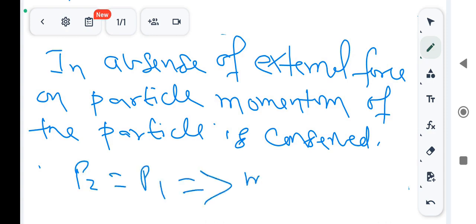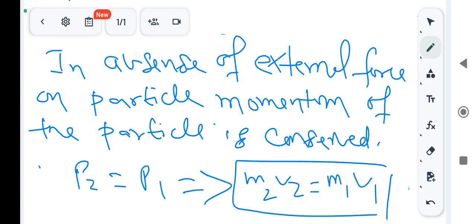That means M2 V2 equal to M1 V1. Now this is all about impulse and conservation of momentum.